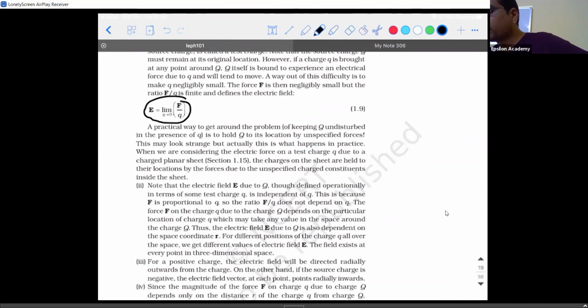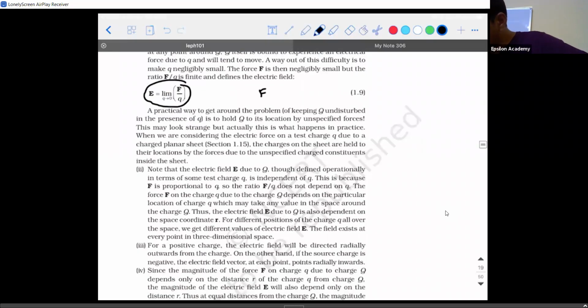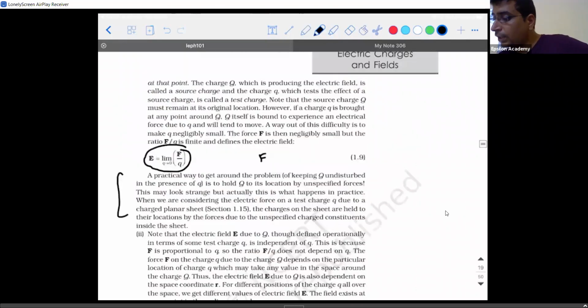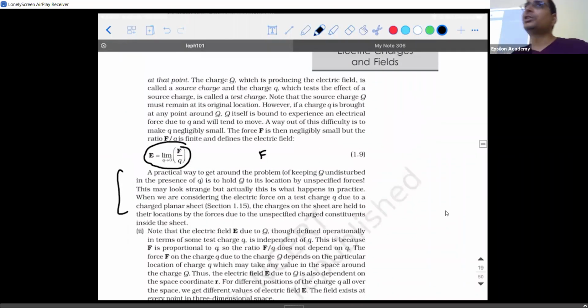Wherever in your textbook, if it is given in bold, it means it's a vector quantity. They'll not put an arrow mark on top, they'll give it in bold. So they would have mentioned the point here why the test charge should be small. The only reason is because it should not disturb the alignment of the source charge. Okay.